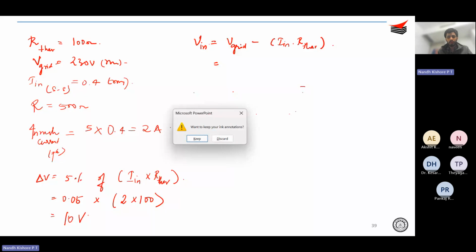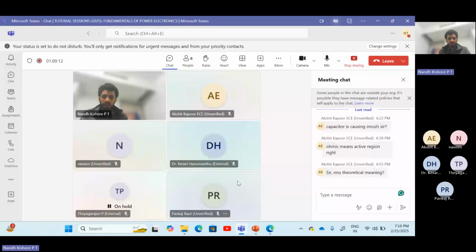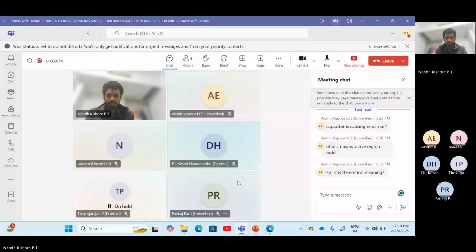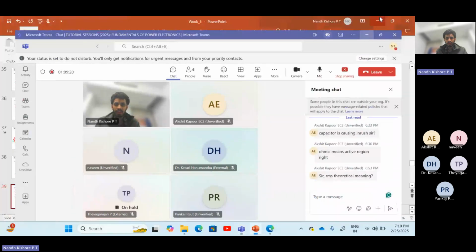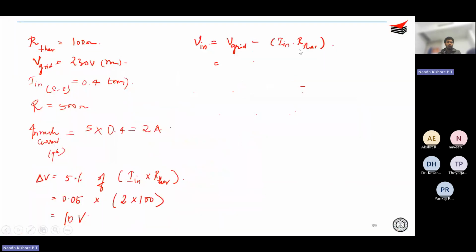Can anyone tell me what R thermistor should be considered, the cold resistance or the hot resistance? Should it be 100 or 40?